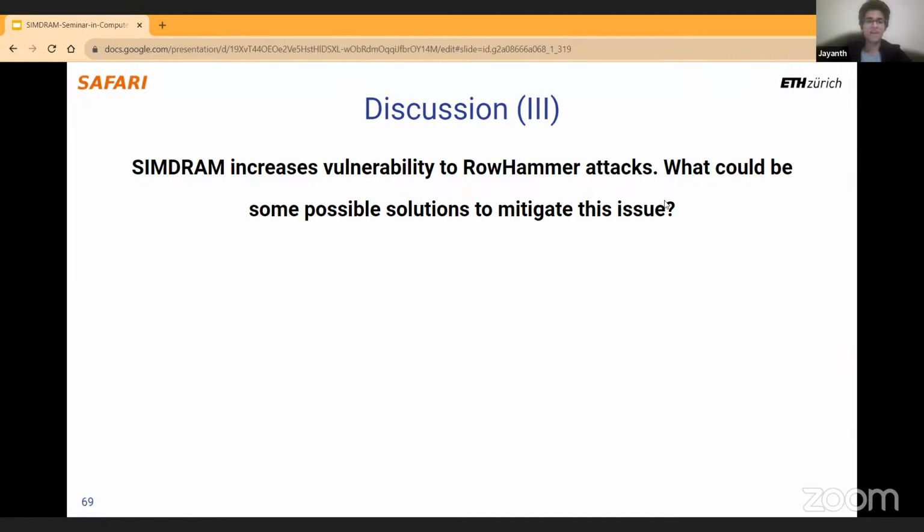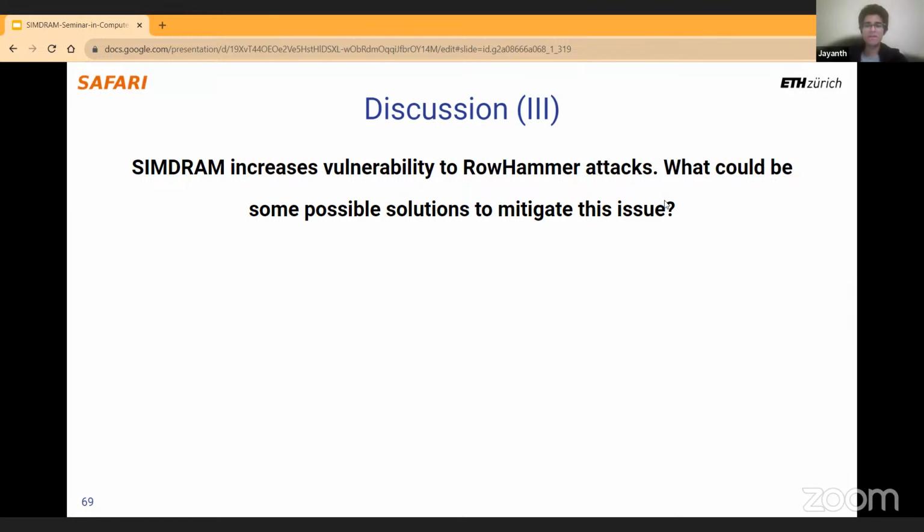And yeah, the last discussion point: SIMDRAM was said to increase vulnerability to RowHammer attacks. So what could be some possible solutions or measures that we can take to mitigate or make it less worse? Can you elaborate a bit more on why it has an effect on RowHammer?